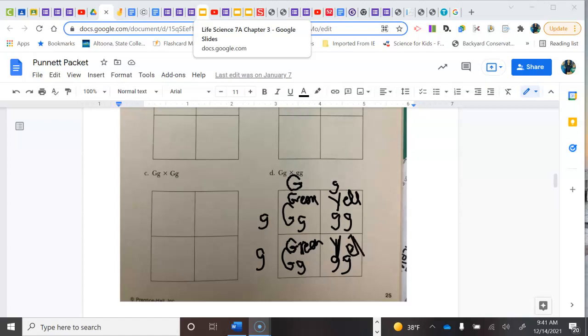Pen's not working very good. So here, you could put that your ratio is 2 to 2, but Mr. Hunter would tell you that that should be reduced, so you divide each side by 2, and your actual ratio for this one should be 1 to 1. 1 green for every 1 yellow.